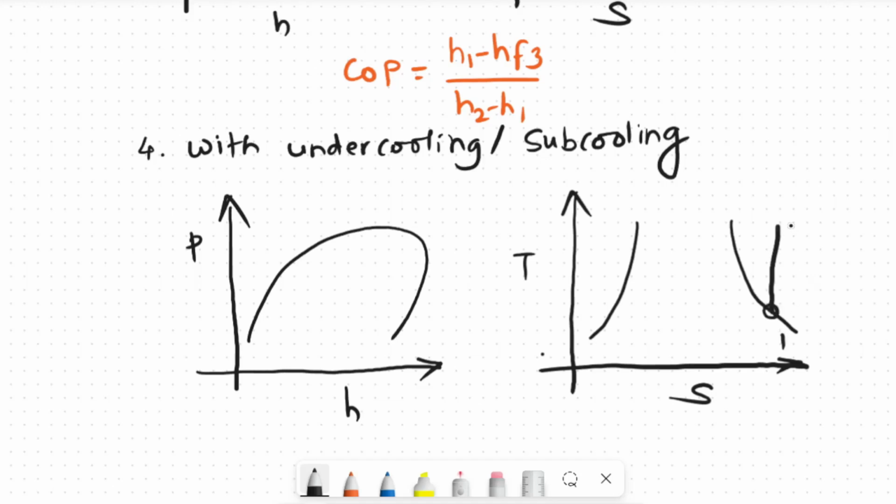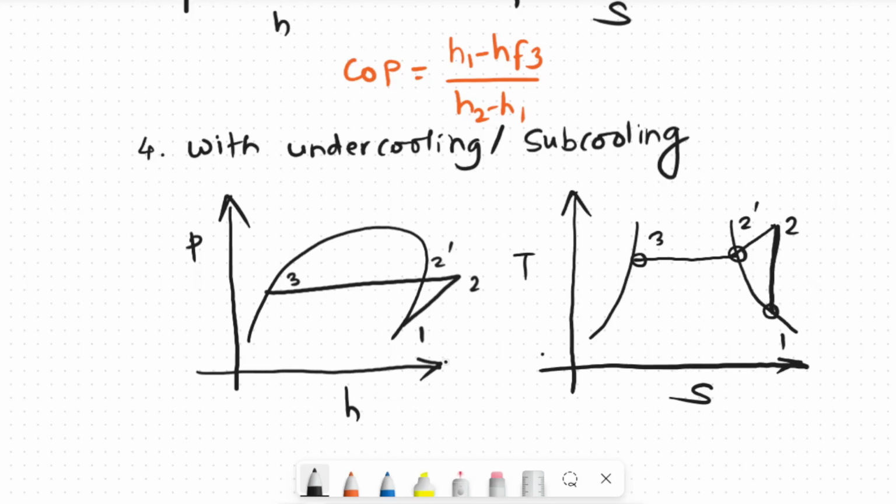The process of compression is a vertical line, like this, 1 to 2 to dash. Then here is the point 3. I am plotting on the TS and pH.